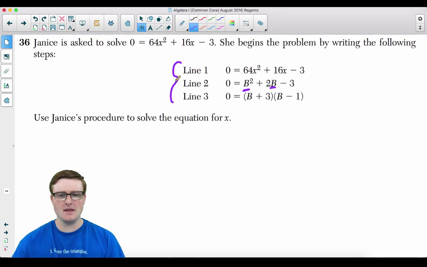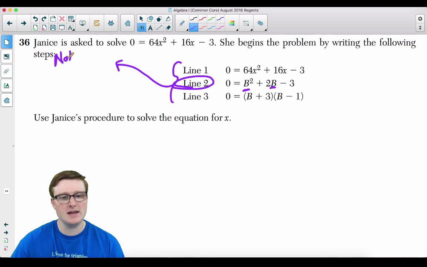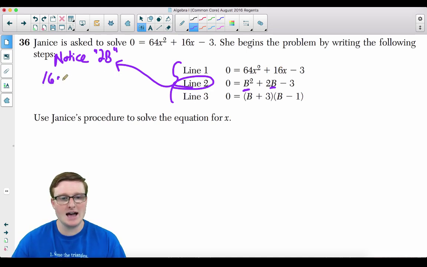So I'm going to draw an arrow from line 2. So I'm going to write down, notice 2b, okay? Notice the expression 2b. 2b and 16x. So 2b and 16x must be equal to each other because they're actually in the same position. So 16x is equal to 2b.